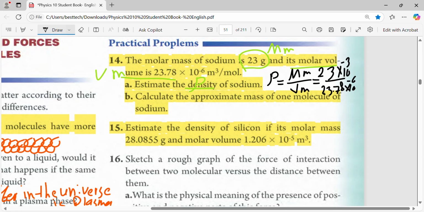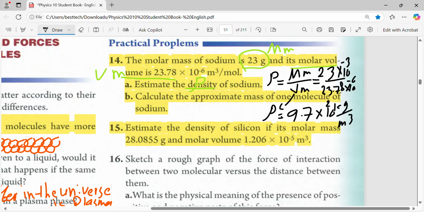You can use a calculator. So the answer of the density, part A, is 9.7 times 10 power 2 kilogram per meter cube. Just find the density with the rule, that's all, easy.